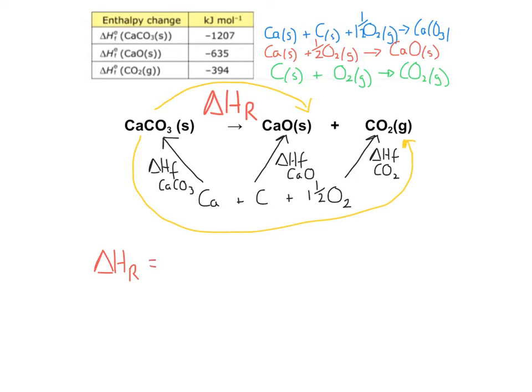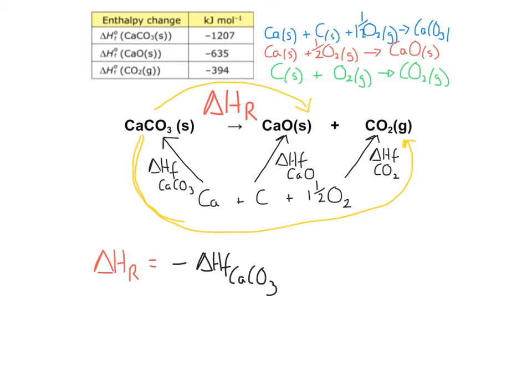Now take care to look at the cycle that we've drawn really carefully, and in particular the direction of the arrows. Now if I look at my yellow arrow again, this yellow arrow is going against the direction of the black arrow. So anywhere I go against the direction, I've got to put a minus sign in front of. So it's going to be minus or negative the delta HF of this calcium carbonate.